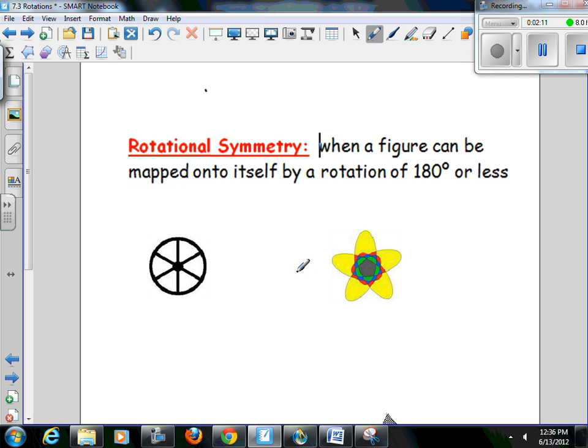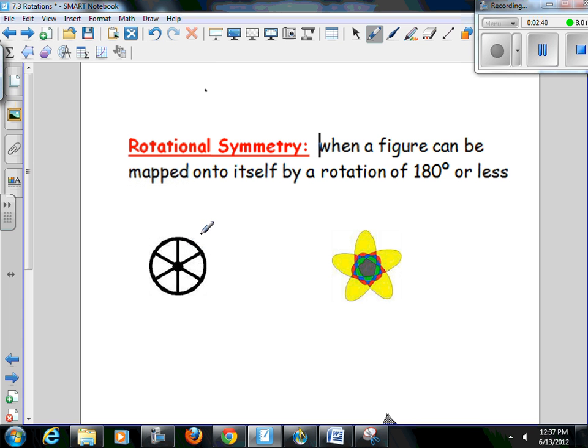Rotational symmetry is when a figure can be mapped onto itself by a rotation of 180 degrees or less. So what we're thinking about here is, can we rotate these figures and get the same picture back again? Let's look at this. This is made up of 6 sections, and they're all identical.